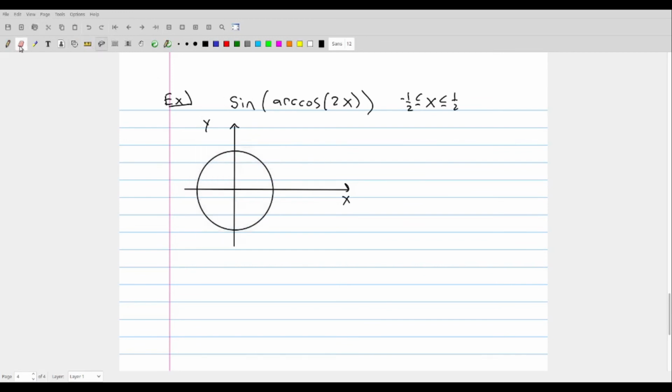You remember that arc cosine of 2x here, you can just call it theta. It's an angle inside the range of arc cosine of x, so it's an angle between 0 and pi.